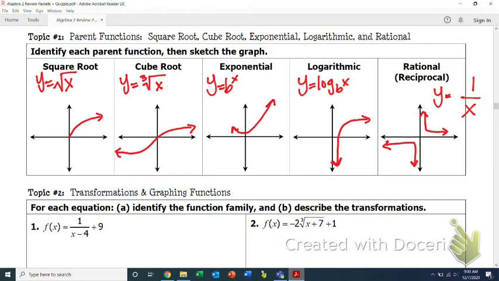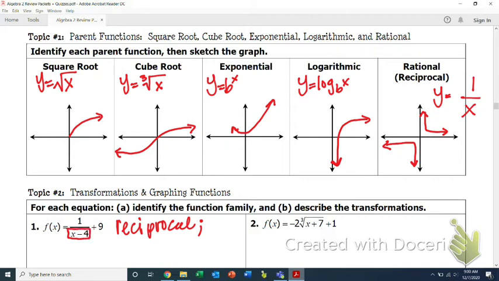All right, so on number 1, it asks us to identify the function family and describe the transformation. The transformation rules are still the same. They will never change. Using what we've just written above, which function family does that look like? It looks like a reciprocal because it has 1 over x something. This bottom part is used as the horizontal.